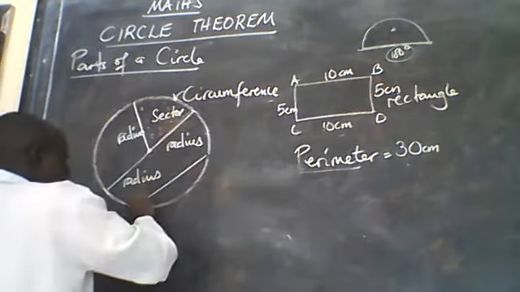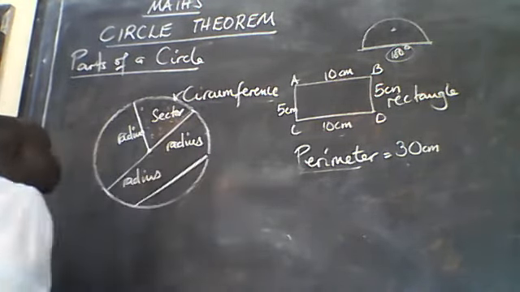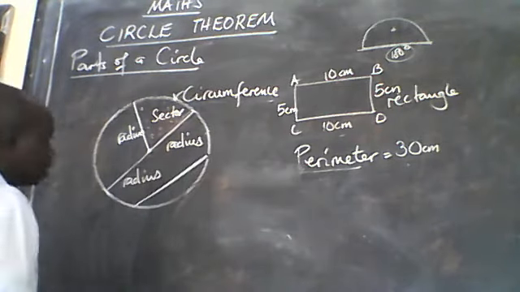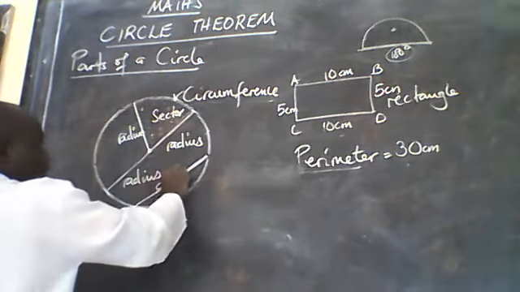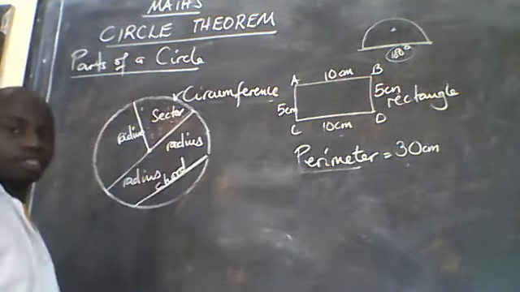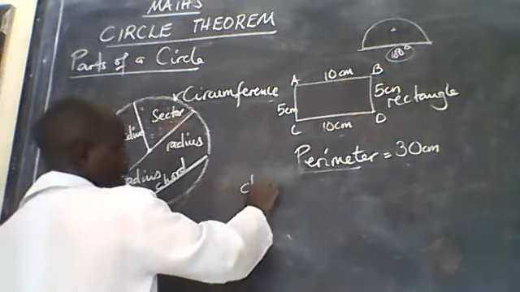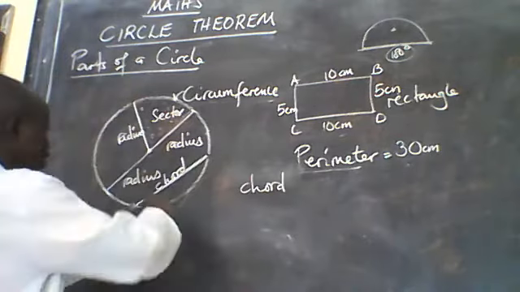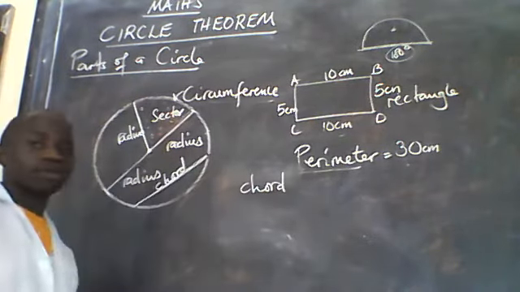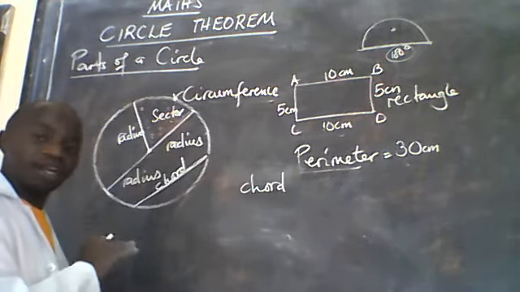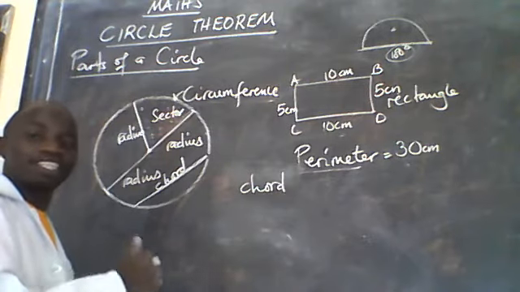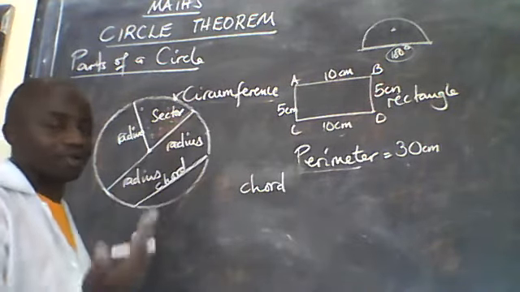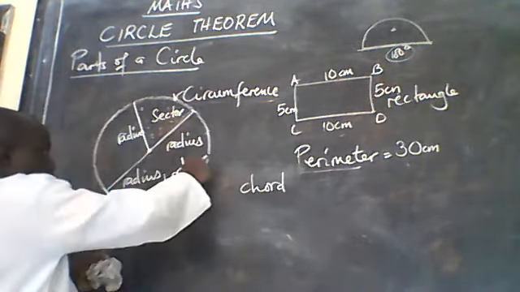What is this line called? That line, ladies and gentlemen, is what is called the chord. These terms, please understand them, because these are the ones that will be used throughout the topic. So this is the chord.